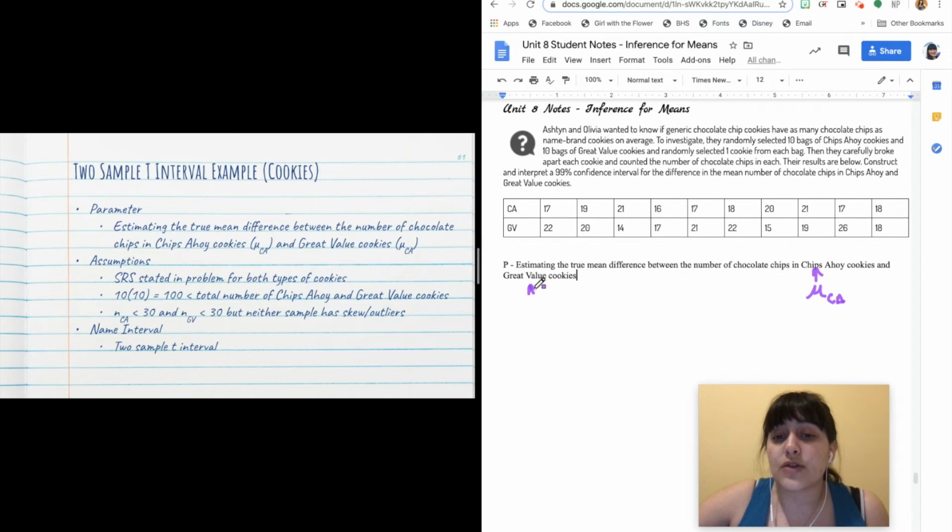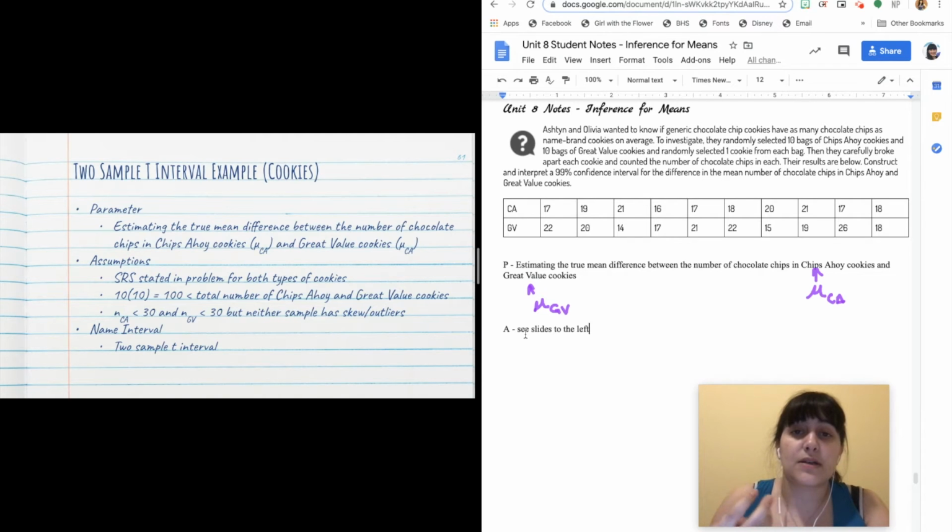Okay, so Great Value is mu GV, right? So that's what you're going to see me do for all of these, okay? I'm not going to write out all of the assumptions, okay? So you can look at the slides to the left of your screen.